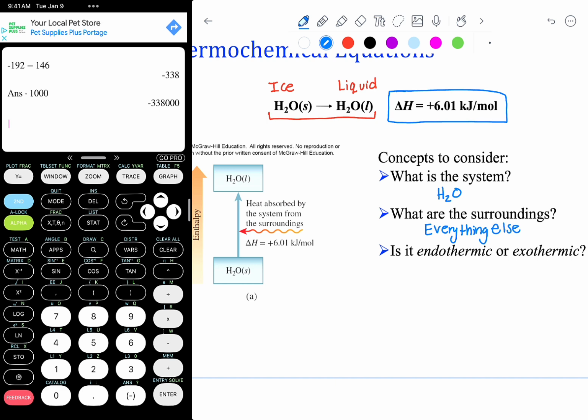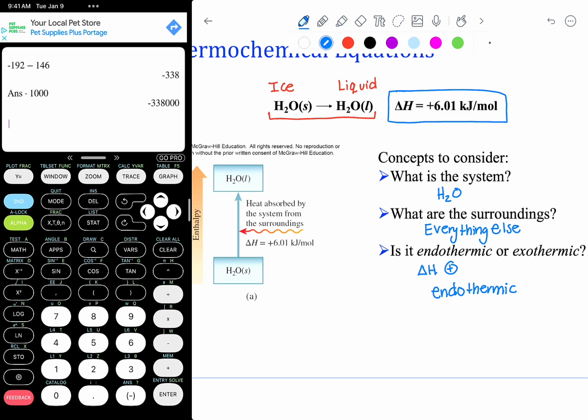And finally, is this reaction endothermic or exothermic? Well, we just stated on our previous slide that if delta H is positive, this is an endothermic reaction. And we defined endothermic as heat being transferred from the surroundings to the system.